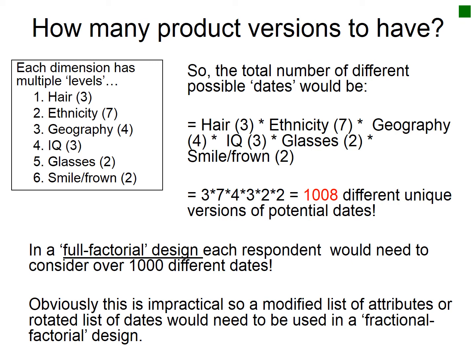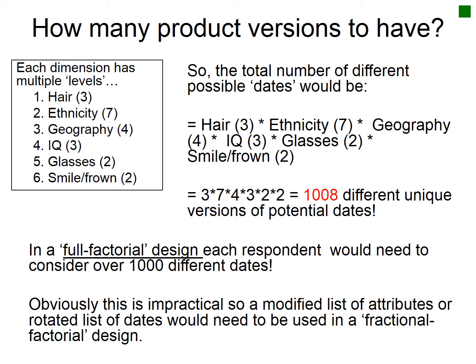So what we would rely on is something called a fractional factorial design, and assuming we have enough respondents, the different respondents would see maybe a handful or a variety of different potential dates.